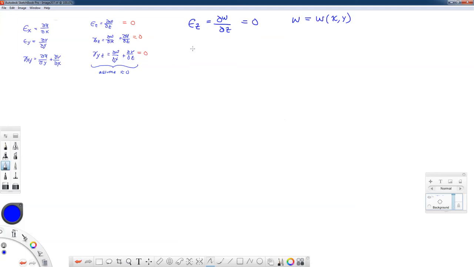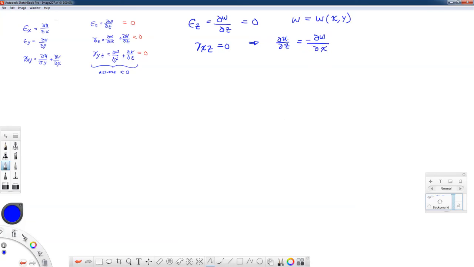If we go to the next one, we can rearrange gamma xz equal to 0 and find here that the partial of u with respect to z is equal to minus partial of w with respect to x. Alright.